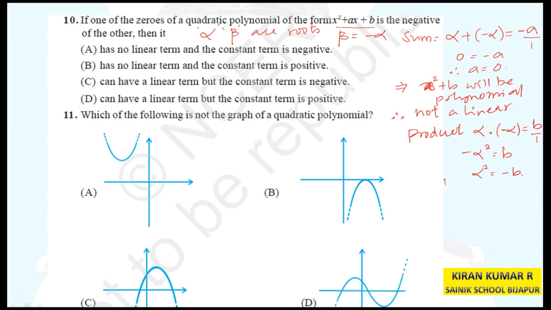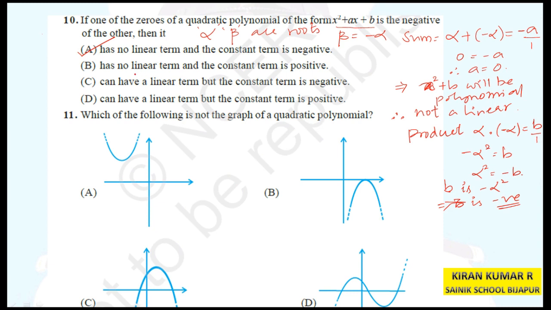Since the constant term is negative and there is no linear term, we have to search in each of the options. Look at the options. Option A, it has got no linear term and the constant term is negative. Option B, it has no linear term and constant term is positive. Option C has a linear term and constant term is negative.